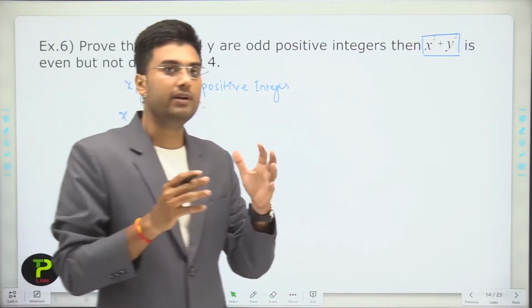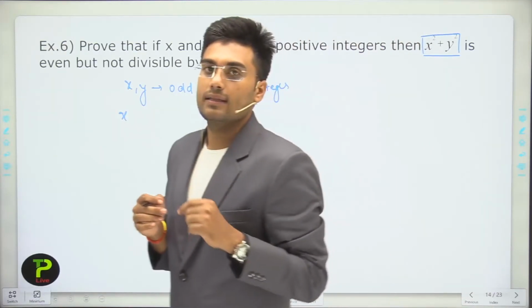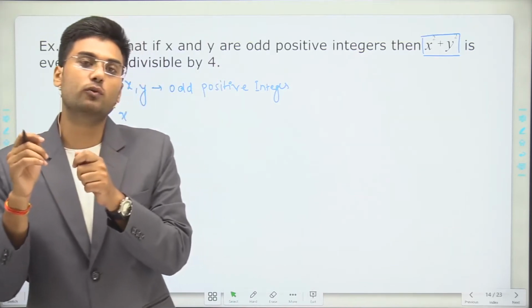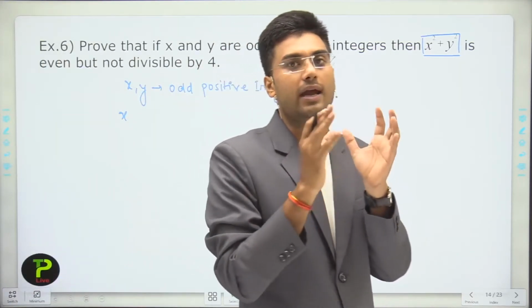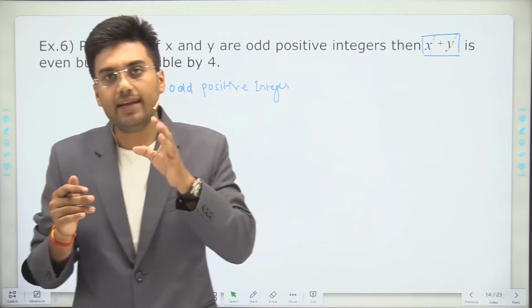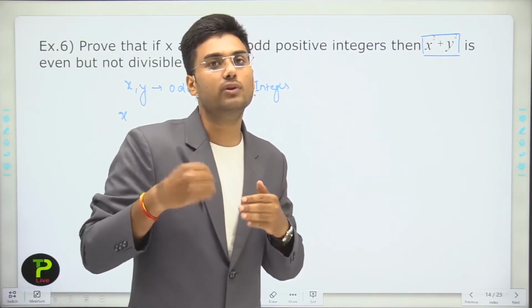What is the benefit if we take 2q plus 1? If we take 2q plus 1, then our solution is shorter than when we take 4q plus 1 or 4q plus 3, because when we take 4q plus 1 and 4q plus 3, we have to check both cases, and if we take 2q plus 1, we have only one case, so it is beneficial for us.